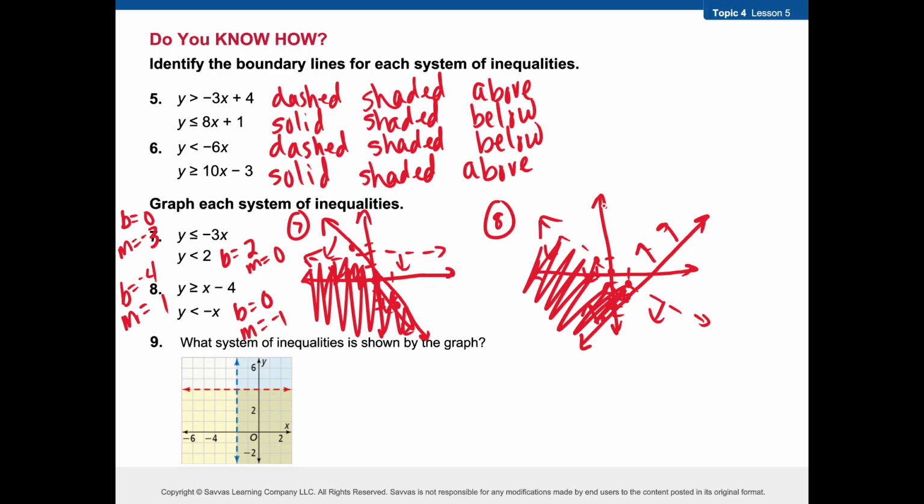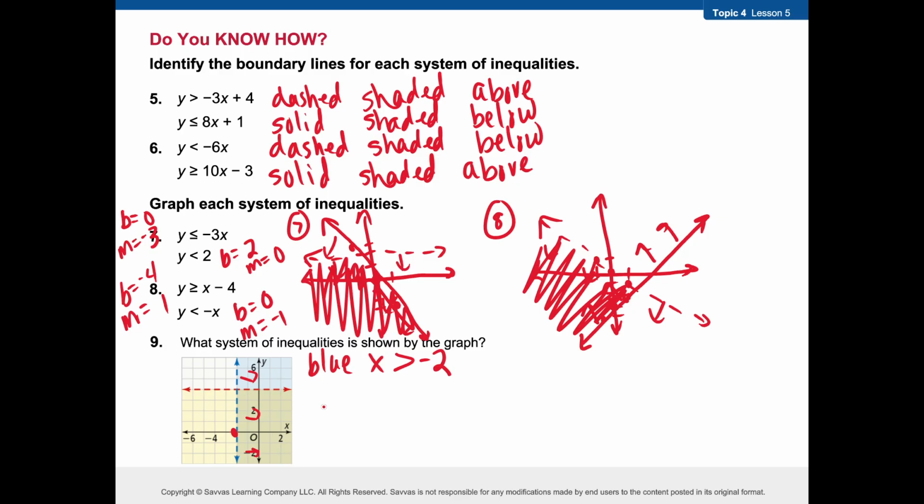Number 9, what would be the system of inequalities shown by the graph? One is a vertical line, one is a horizontal. So we can do the blue one first. It's vertical, only touching -2. So x is something to -2. It's dashed, shaded to the right.